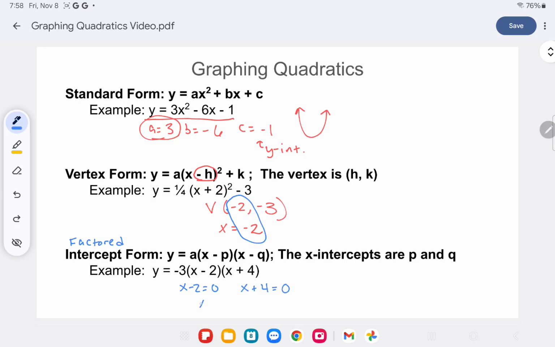So in this case, we know one x-intercept is +2 and the other x-intercept is -4. And already we have 2 points on our quadratic graph. In this one, also, because the a is negative, this parabola is going to be an upside down one.